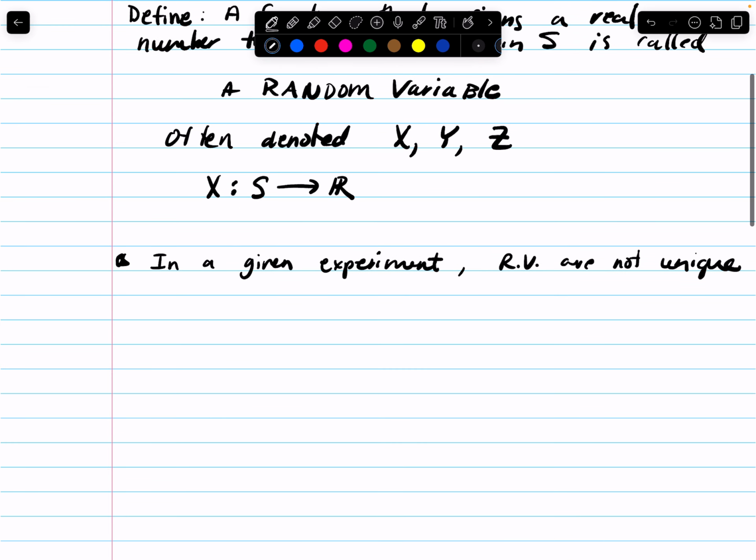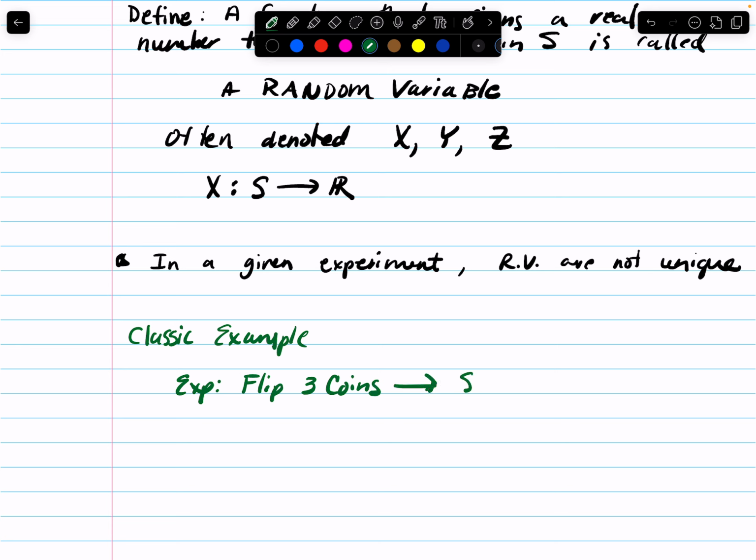So let's look at our classic example. Our experiment is going to be to flip 3 coins. We'll say fair coins. And it generates the set of all possible outcomes, which I'll write here quickly.